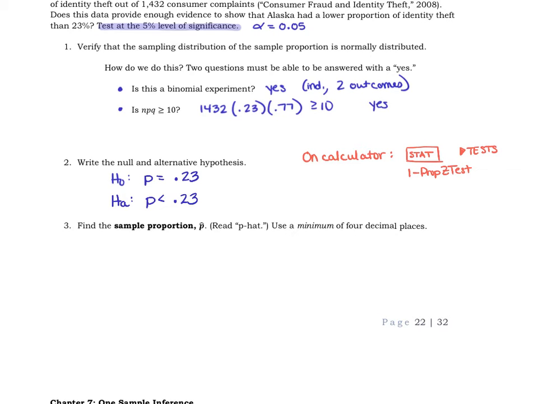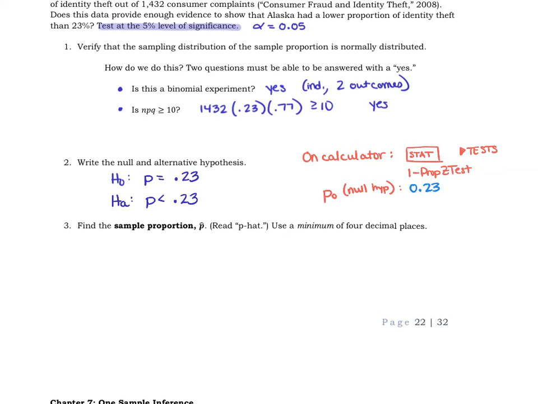So once you select that, then you're going to enter some things in your calculator. The first thing it asks for is P0. That is the null hypothesis value. So for the null hypothesis, in this case, we are going to enter 0.23. That's what you put in.